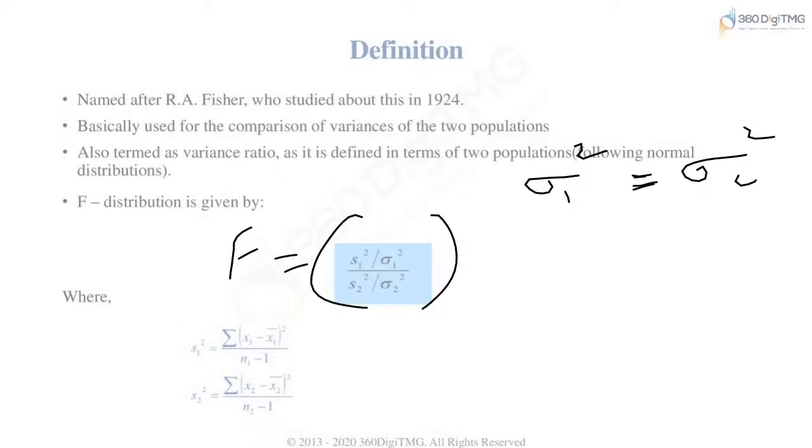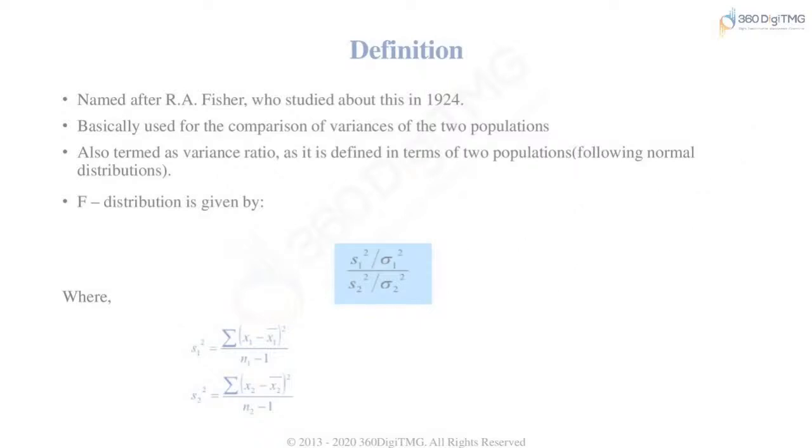Now, why would we want to compare variances? We would want to compare means, the X bar, or better still, mu1 versus mu2. You want to compare that, right?